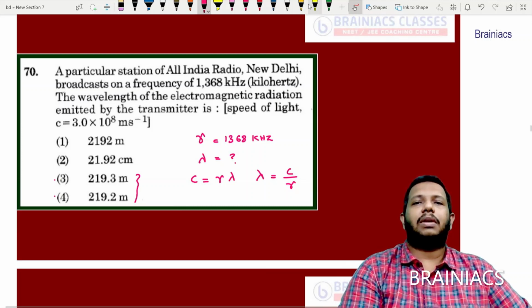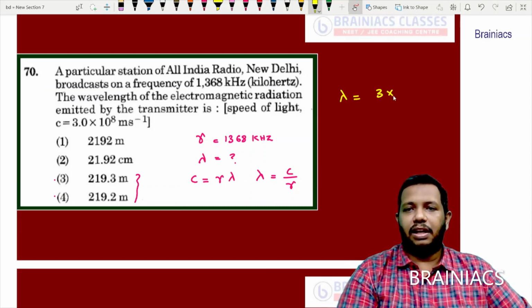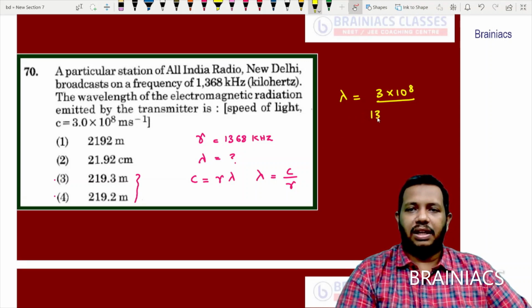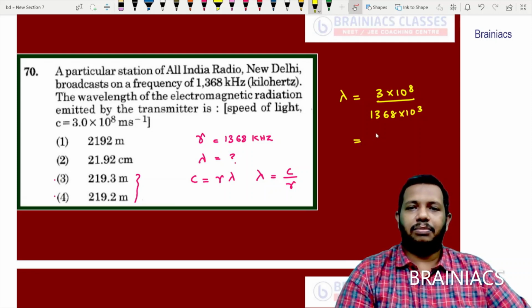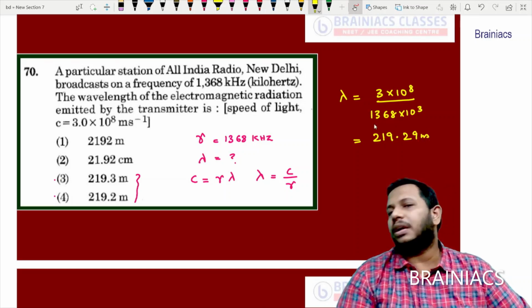Lambda is equal to c, which is 3 into 10 power 8, divided by the frequency, 1368 into 10 power 3. If you do this calculation, you will get an answer something like 219.29 meters.